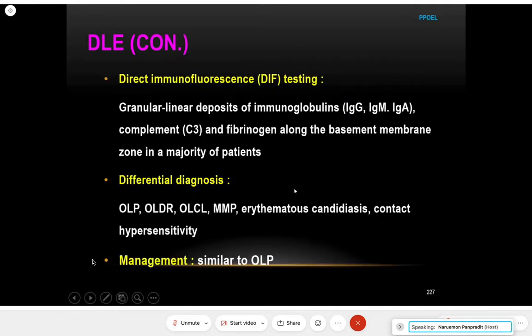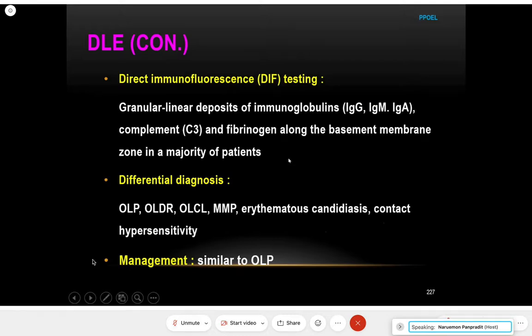Another thing that helps distinguish between lichen and lupus is direct immunofluorescence. Direct immunofluorescence will show fibrinogen positive at the dermal-epidermal junction as a shaggy band in lichen planus, but lupus shows positive IgG, IgM or IgA, not fibrinogen, at the dermal-epidermal junction, or C3.